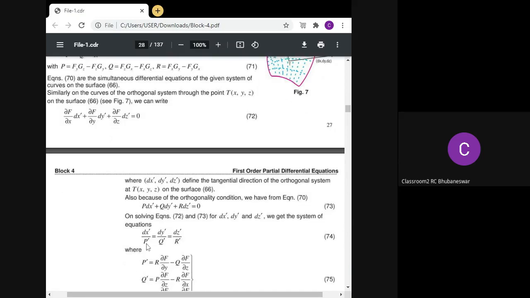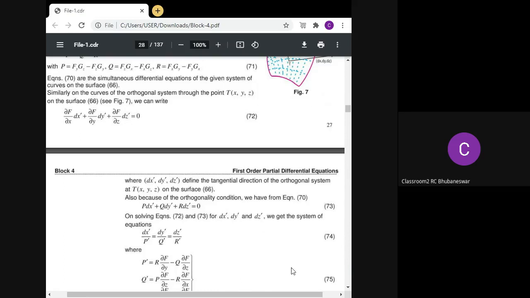Now look at the expression. This p dash will clearly be in the form of r into fy minus q fz. That means we now solve these two relations, equation number 72 and 73. From these equations we are solving for dx dash, dy dash, and dz dash.